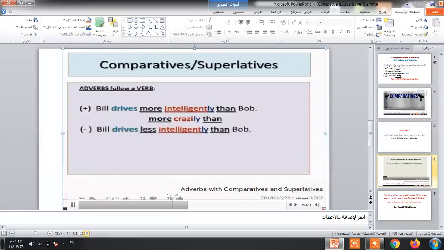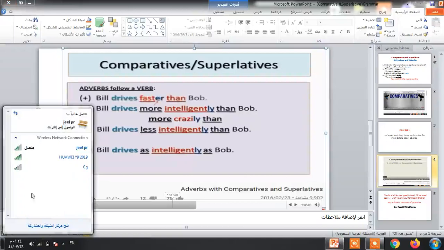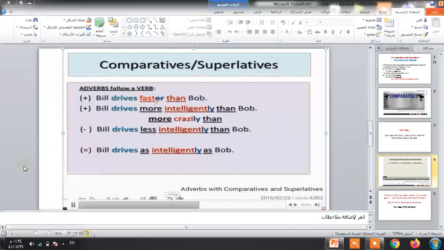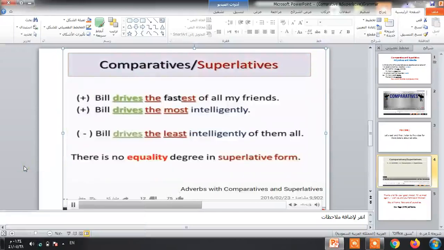In an equal form, we could say that Bill drives as intelligently as Bob. And please note, with one-syllable adverbs, we would say, Bill drives faster than Bob, not more fastly. The superlatives use the in front of the adverb and est ending.